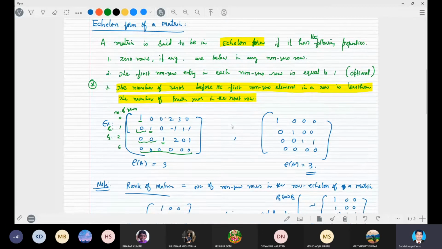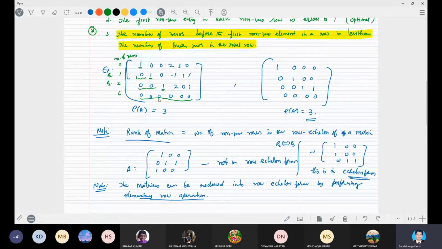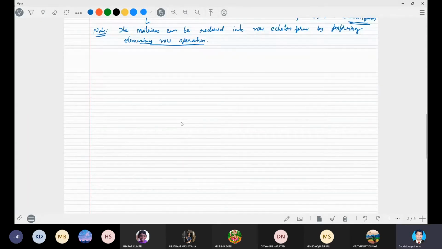If you arrange like that, it results in the row echelon form. Once you obtain the row echelon form of the given matrix, you can easily identify the number of non-zero rows, and that number of non-zero rows gives you the required rank of the matrix. Okay, this is important. While solving equations also, we can use this row echelon form method.